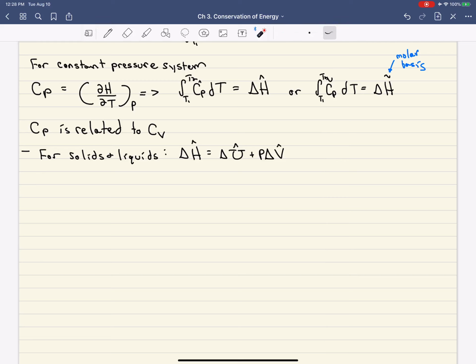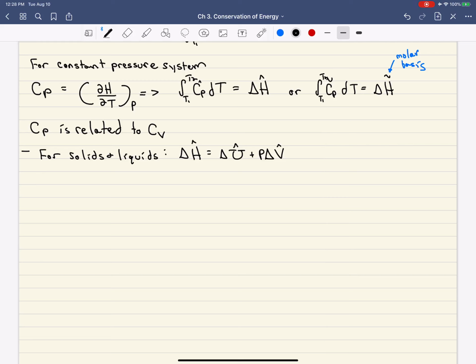Right? And because we're dealing with a constant pressure system, we know that the pressure isn't changing. Okay? And so what we're dealing with is delta H is equal to delta U plus P delta V.